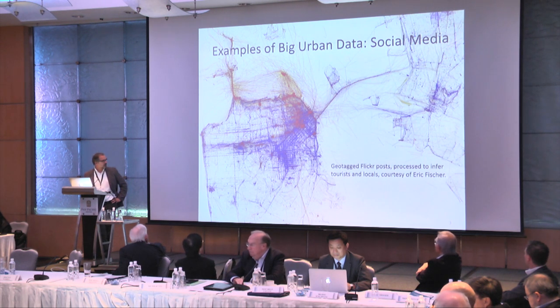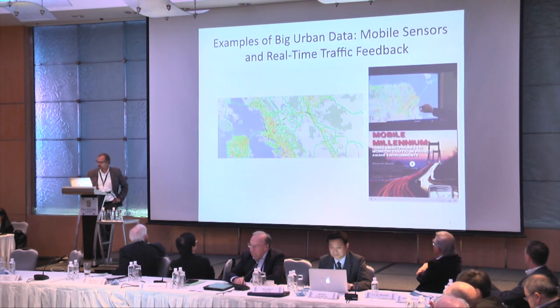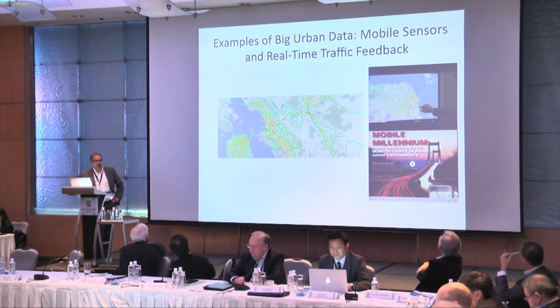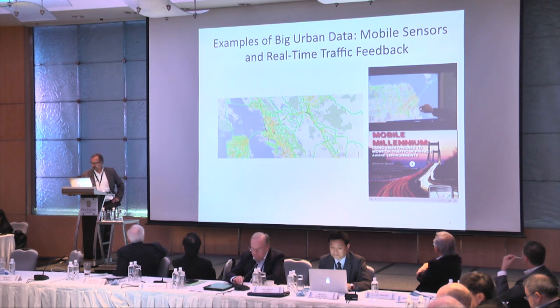So here we're looking at inferring tourists and locals from patterns in the picture taking that was done by Eric Fisher. Here's another example that's really very close to some of the things we talked about today. Operational traffic management and the use of traffic sensors to guide that in real time.